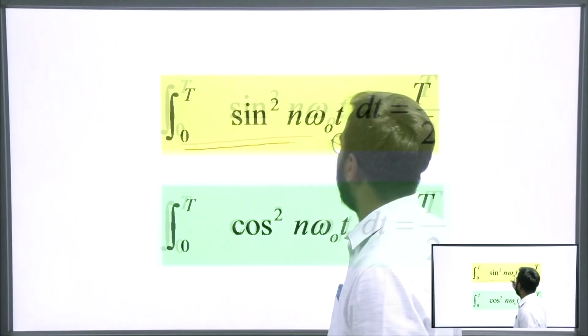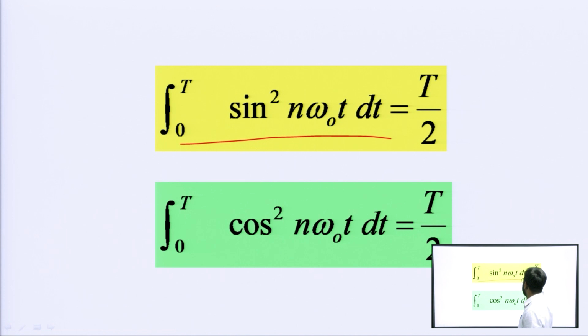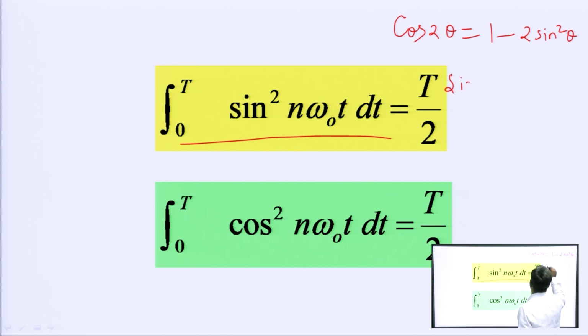Next, this also you must remember. The integration of sin squared n omega naught t dt is equal to T by 2. Why do we have to remember it? Because you can easily get it if you remember the formula for cos 2 theta. What is cos 2 theta? 1 minus 2 sin squared theta. If from here you find the value of sin squared theta, we get sin squared theta equal to (1 minus cos 2 theta) by 2.